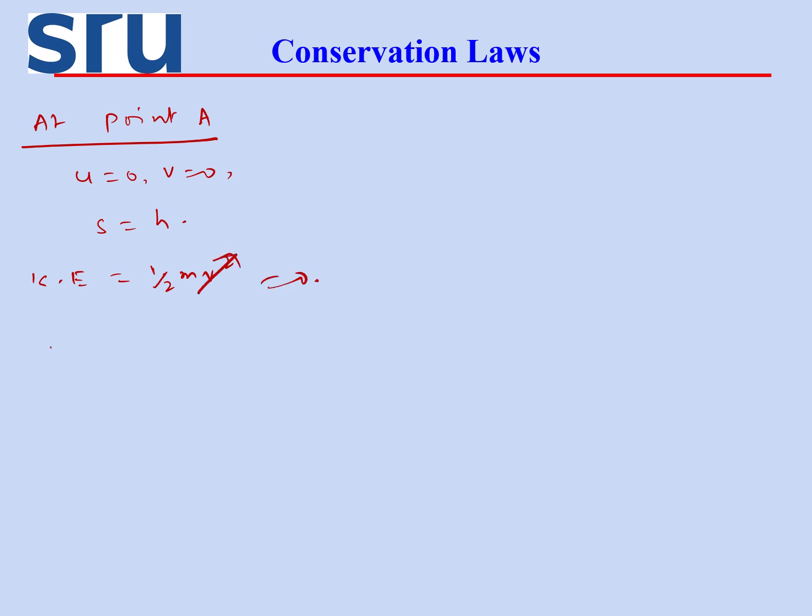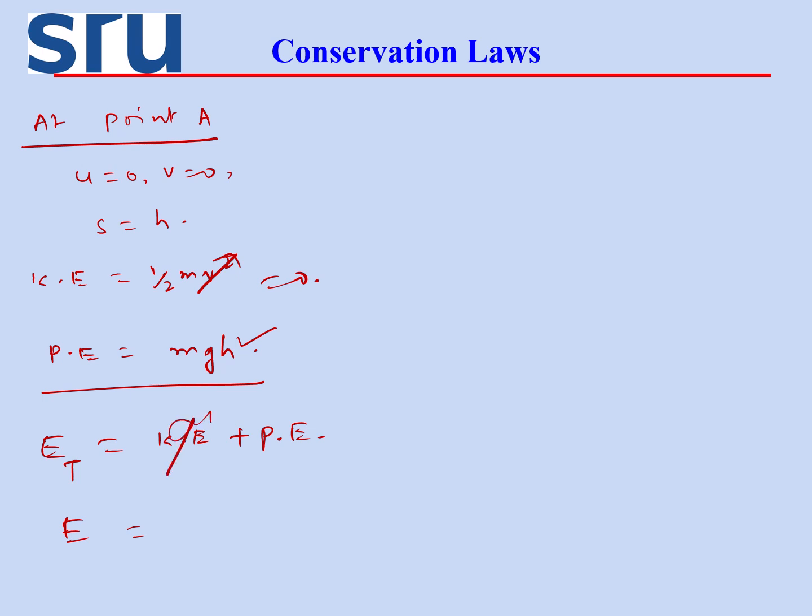Potential energy is equal to mgh. This is the potential energy. Total energy E total equals kinetic energy plus potential energy at A. So E total equals zero plus mgh. Now the total energy at A is equal to mgh.